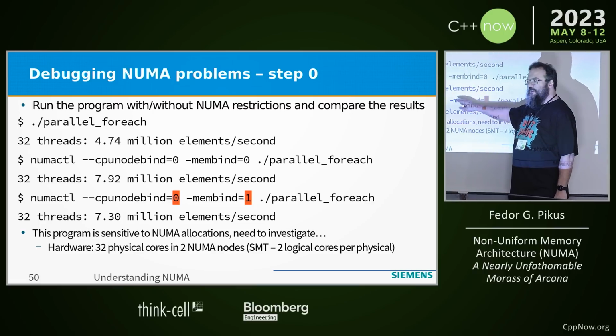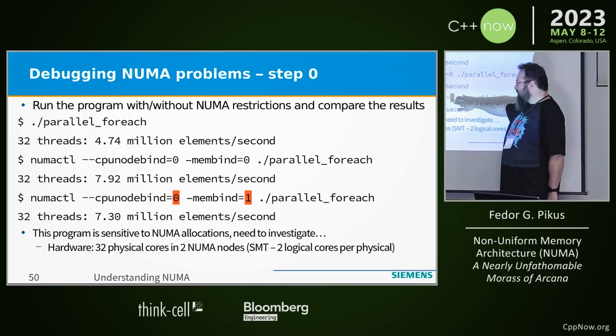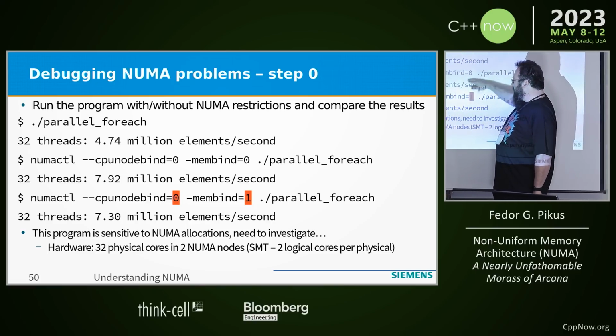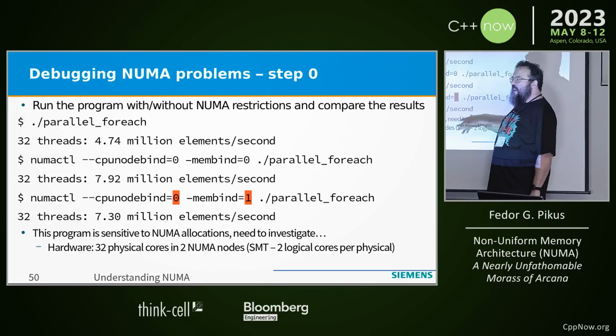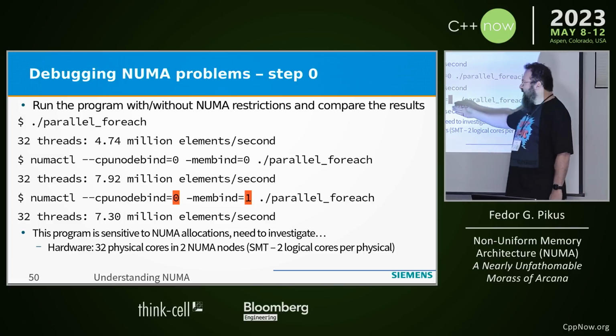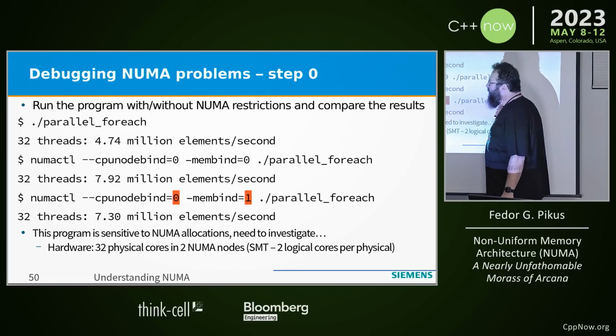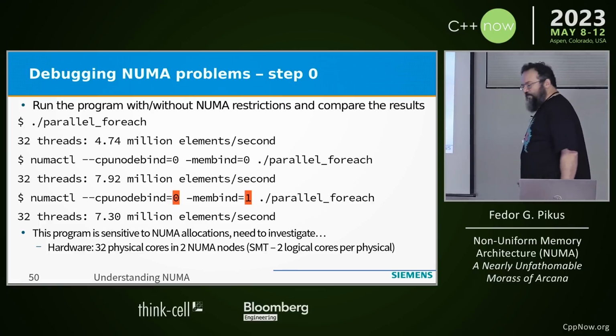Why? Okay, so first of all, I'm not memory bound, obviously, because if I was, there would be a huge difference here. But I am still sensitive to NUMA problems, because if I wasn't, binding it to one CPU wouldn't have made any difference. Okay, what's going on?